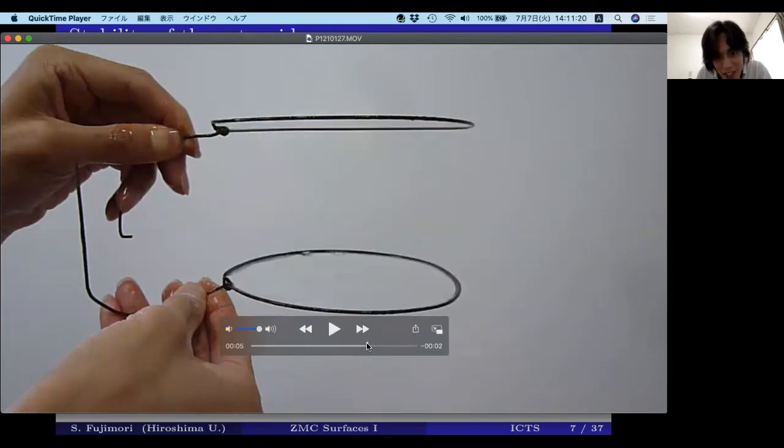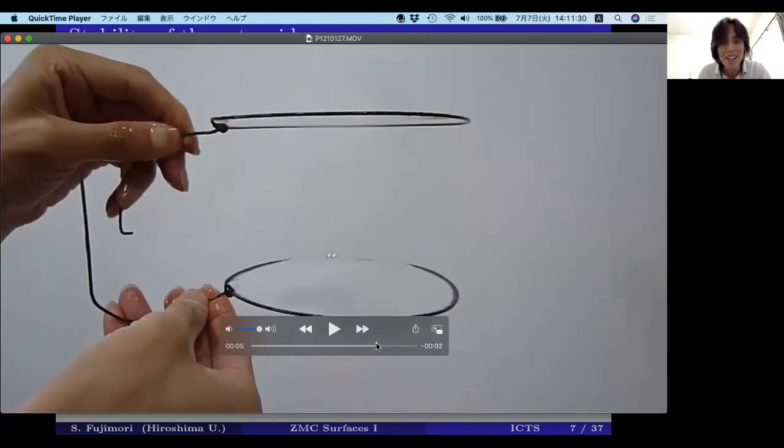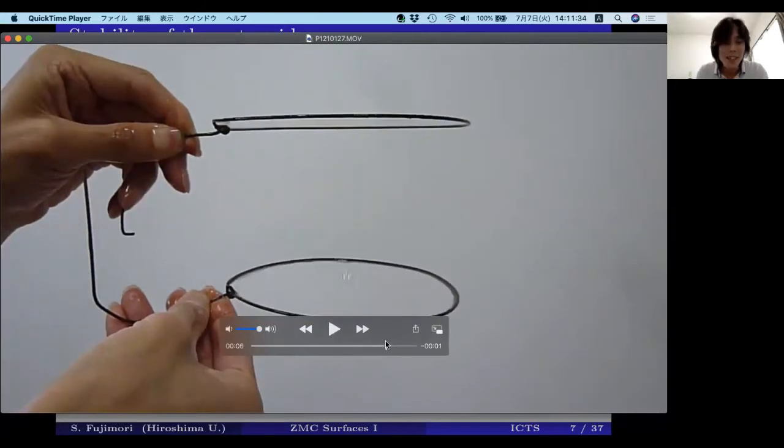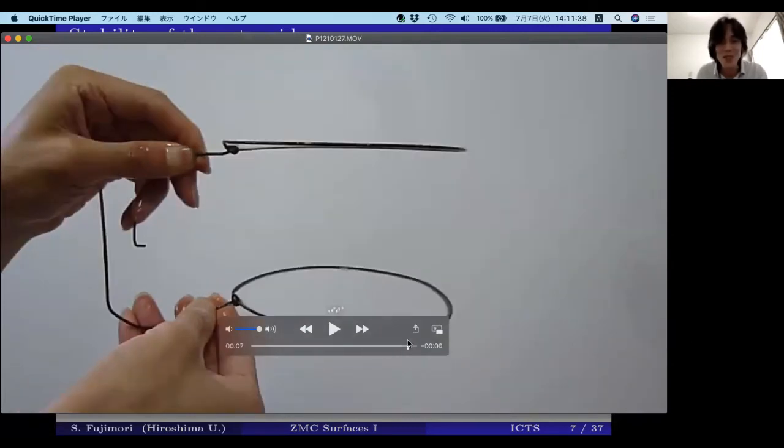Can you see this here? Yeah, a tiny sphere. I don't know why this happens, but somebody said this always happens. So if you know something about this, please let me know.